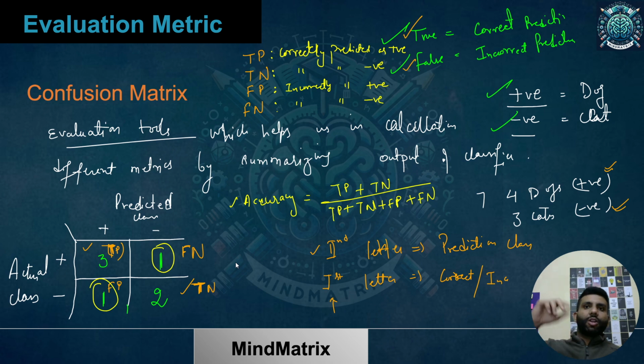From the confusion matrix, you get to know accuracy, precision, recall, F1 score. These are very important. You may be asked what exactly the true negative cases are, what exactly the false positive cases are, because if you don't understand these terms properly, you won't be able to identify the count for each of these, as we have understood with the help of this example. I hope it is clear.